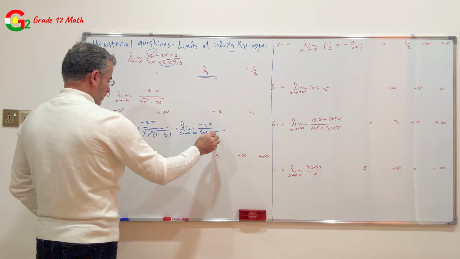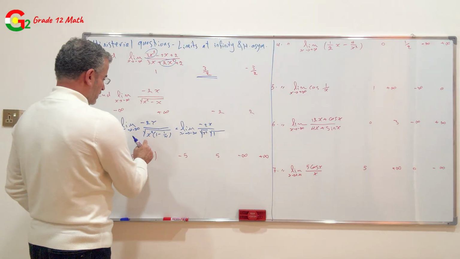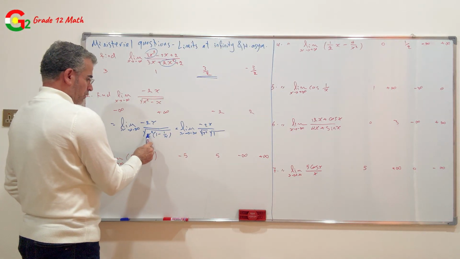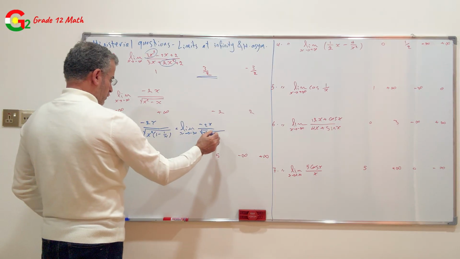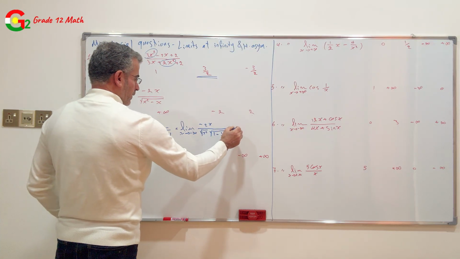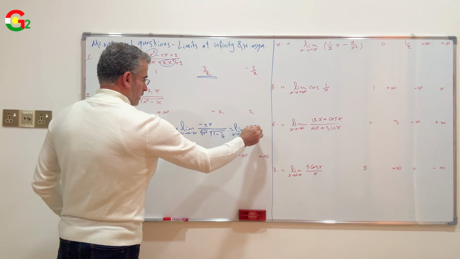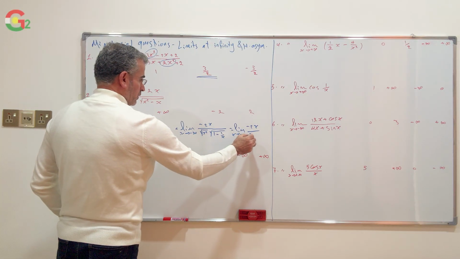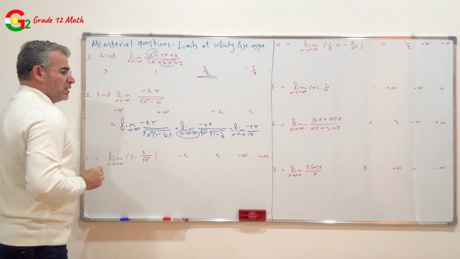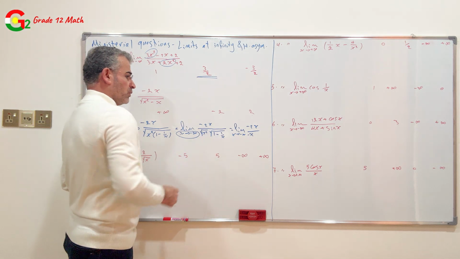Let us do it in two steps. Separate this square root. It will be the square root of x² times the square root of (1 − 1/x), equal to the limit as x approaches negative infinity of −2x. The square root of x² equals negative x, since x approaches negative infinity; if x approached positive infinity, then the square root of x² would equal x.